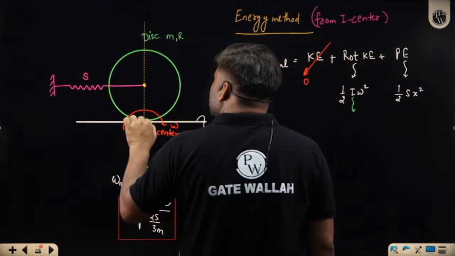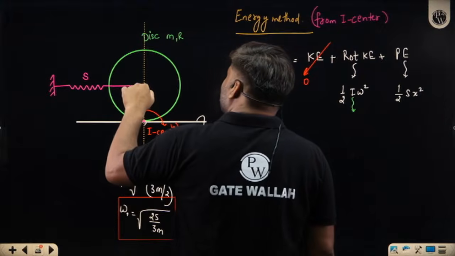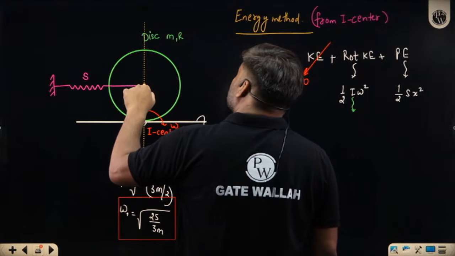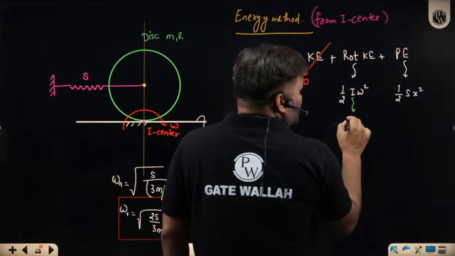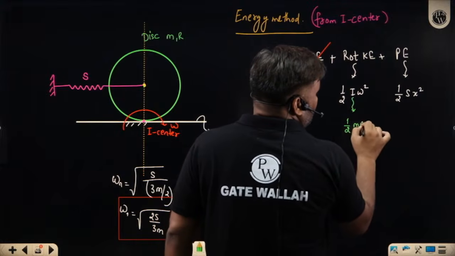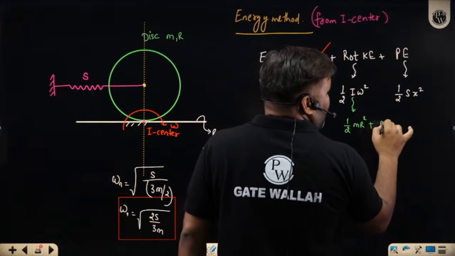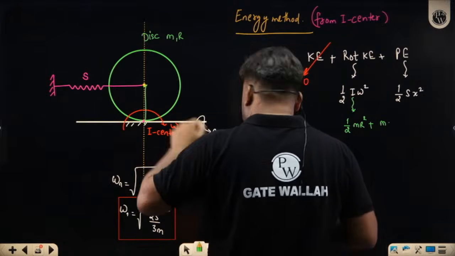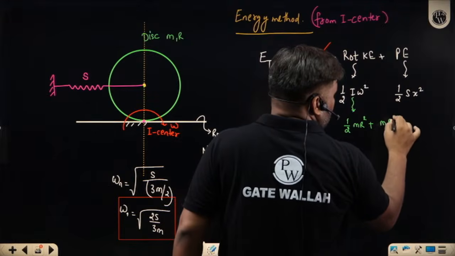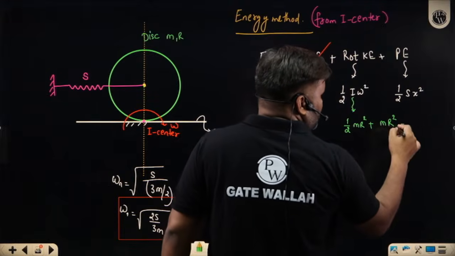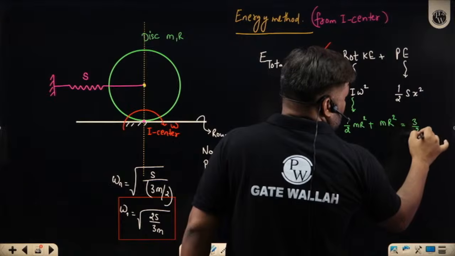So you have to consider the moment of inertia about the I center. About the center it is half m r square. Shift using the parallel axis theorem. So it is half m r square, which is about the center of mass, plus m times r square, since we are shifting the distance r. This is coming out to be 3/2 m r square.